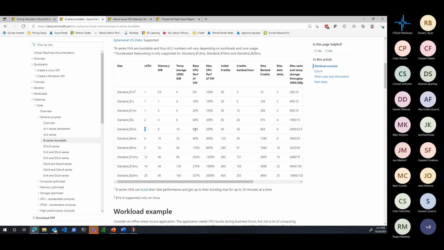Domain controllers typically don't ever go above that 60%, but we have to have them on all the time. SFTP servers, a lot of the time it's the evening time where they're getting the big workloads to come through, but you need to have it available all the time. This is a great way of having a cost-effective solution in Azure without having to pay a full server price in the D series.